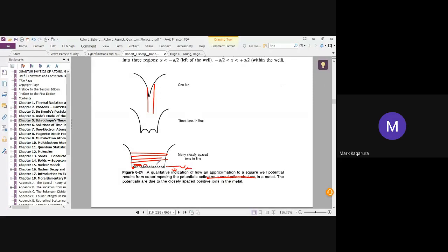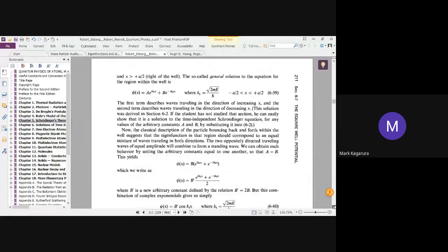So the free ones are in the conduction band. Of course, you see that they are still within the constraint, but they can move quite easily. And then the bound ones are bound to each of these atoms. So each of these hills here is an atom. Maybe that should help you with the applications of the Schrödinger equation.